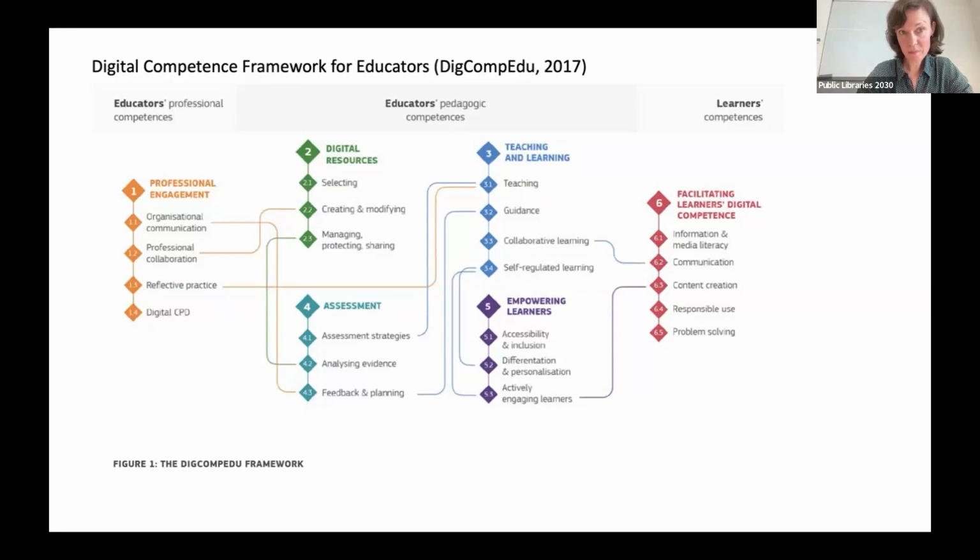The digital competence framework for educators is divided into 6 areas. I think it makes sense to look at it and see what we are touching on when we deliver digital skills training in the library. We think about professional engagement, resources, assessment, teaching and learning activity, the empowerment of learners, and then, in the end, the facilitation of the learners' digital competences.